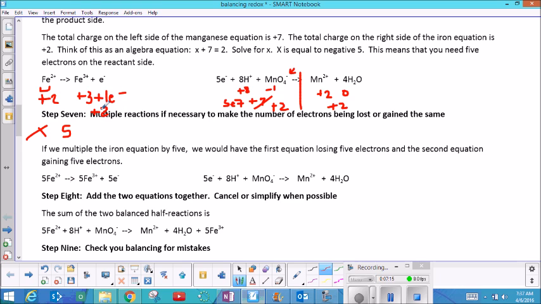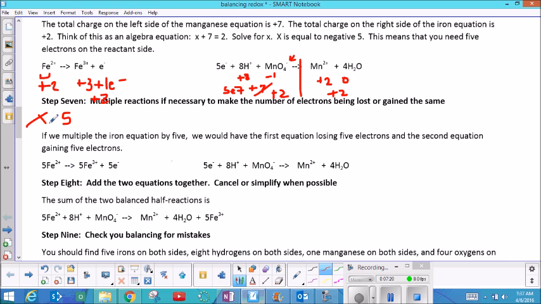That will get my electrons to be the same number to cancel out. So 5 goes in front of here, here, and here. So that's how I get 5 Fe+2 yields 5 Fe+3 plus 5 electrons.